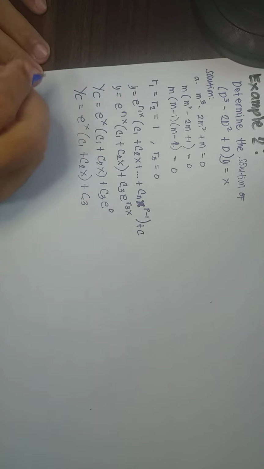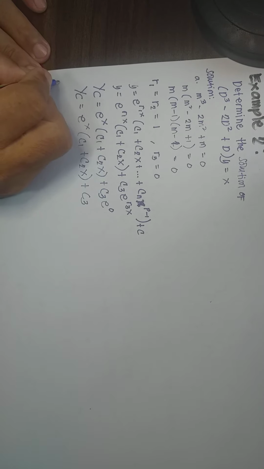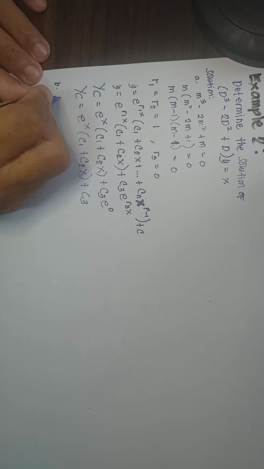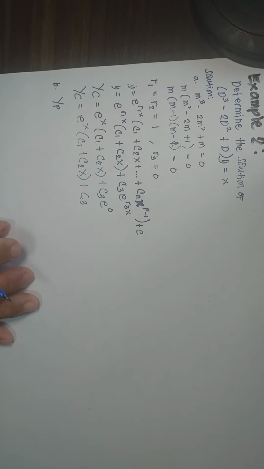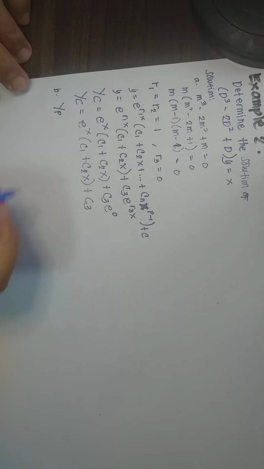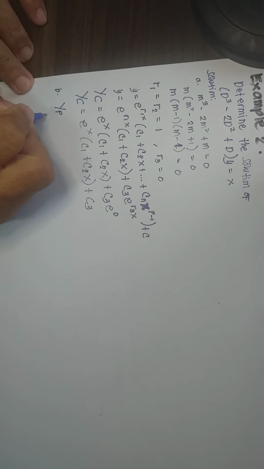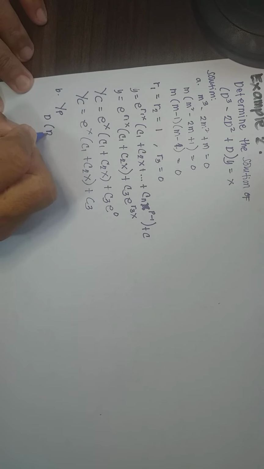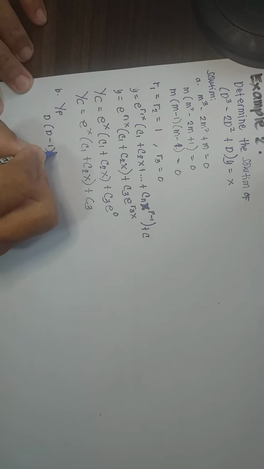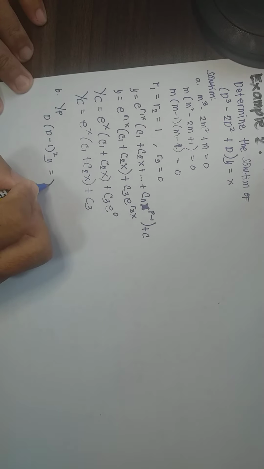Now, to find yp, let's call this B. For yp, rewriting the factored form of the equation, we have D times D minus 1 squared y is equal to x.